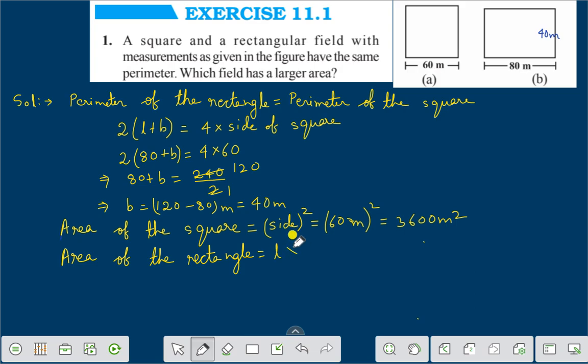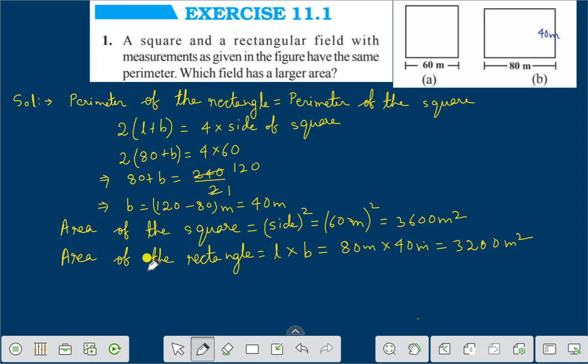Now the length is 80 meter and breadth we found to be 40 meter. You multiply this one, we get 3200 meter square. Here you see, which field has a larger area.